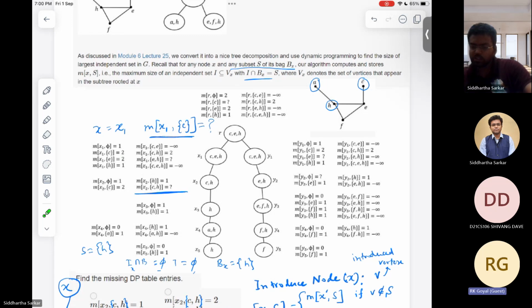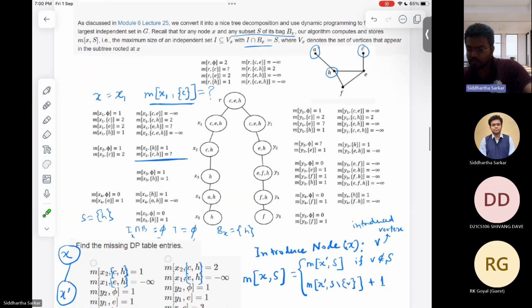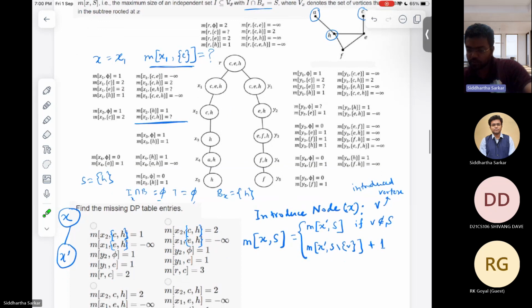For this first question, what is the value corresponding to the node x2 and CH, we have computed that it is 2. That means there is an independent set of size 2 for the vertices corresponding to the subtree rooted at x2, satisfying the given conditions.